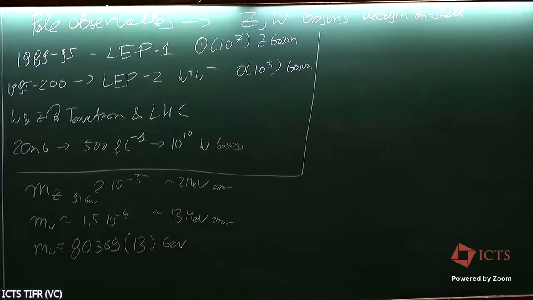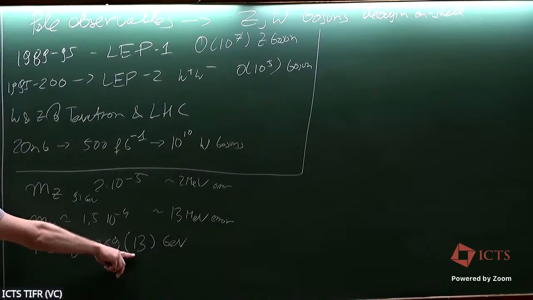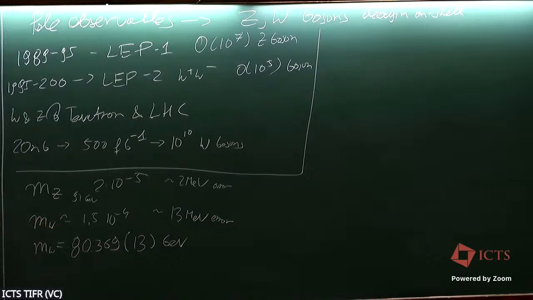But there is a measurement from the Tevatron's CDF that came several years ago that has a smaller error than this, and it's not included in this combination because it's more than 5 sigma away. So nobody knows what happened. This is a 6 sigma discrepancy.